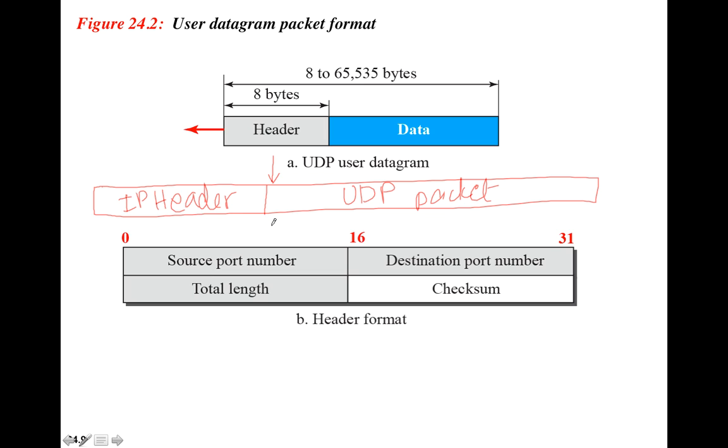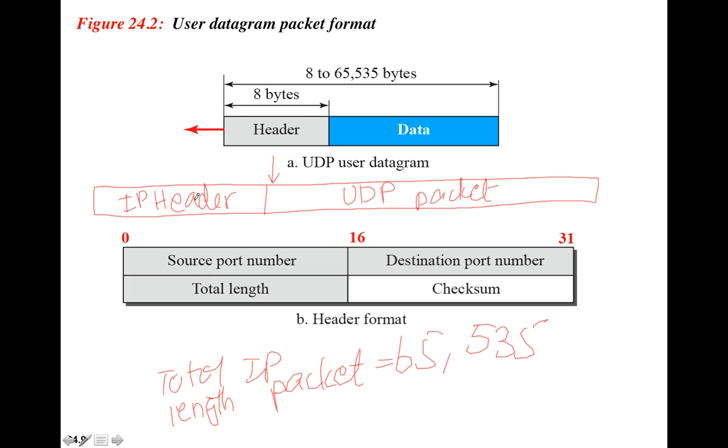If this is 65,535, then there will be no place for the IP header because the total length for an IP packet is also 65,535. So this is why if we are using UDP along with IP, we can't have the maximum of this. It should be less. At least 20 bytes less, or more optimally 60 bytes, so that we can accommodate the IP header, all of it, including options.